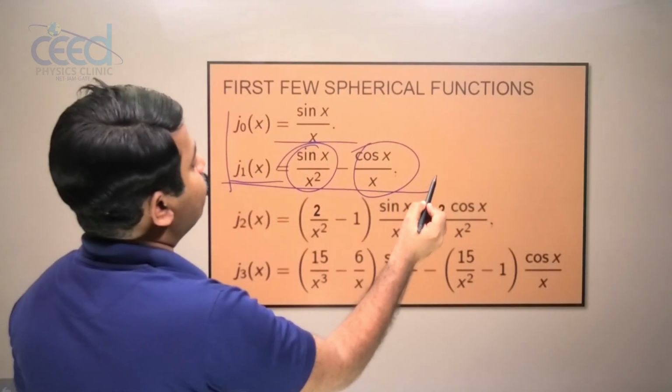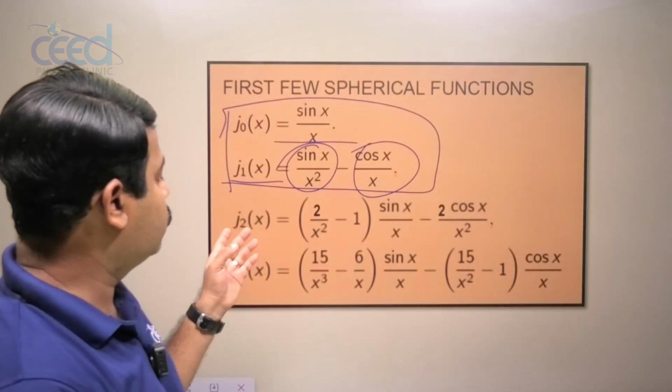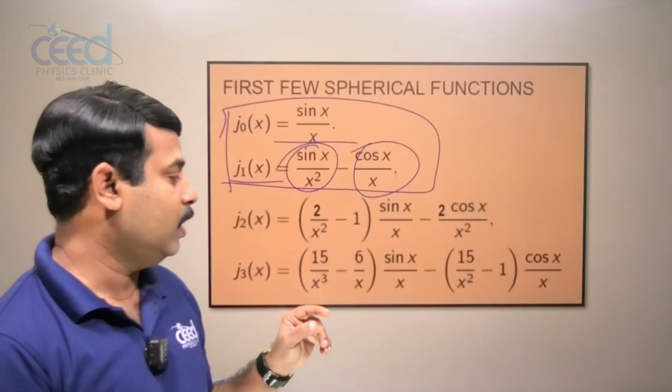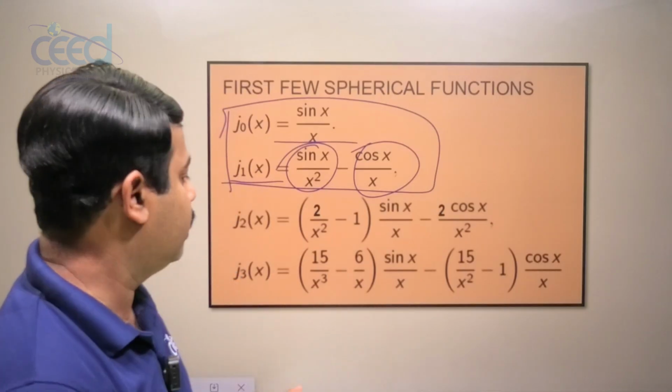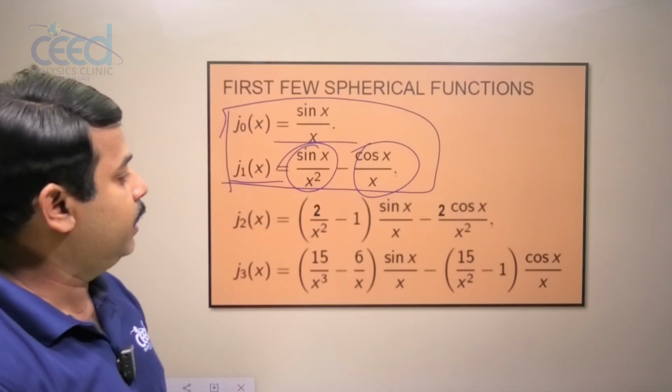These first two Bessel functions you have to learn by heart, and if possible j2 of x also, or you remember this formula before the general formula. j2 of x, j3 of x are all given.